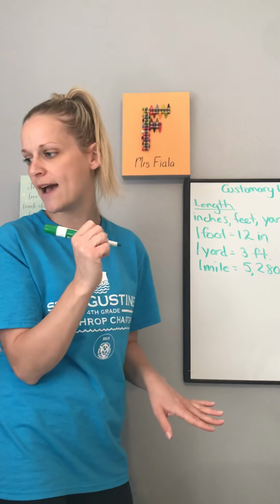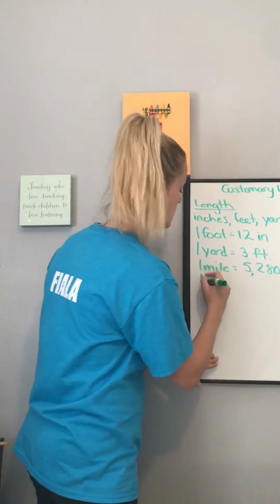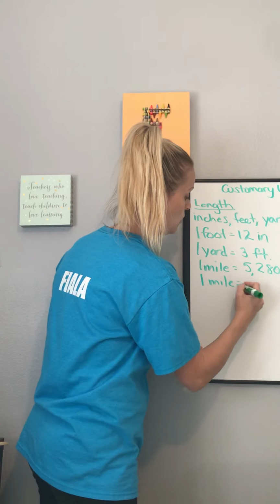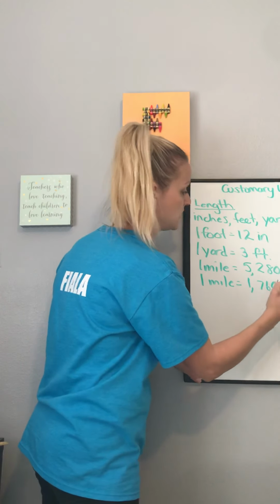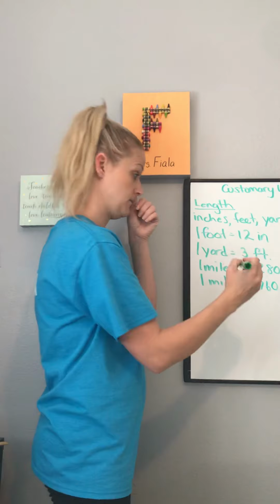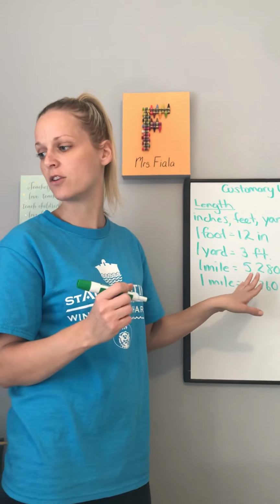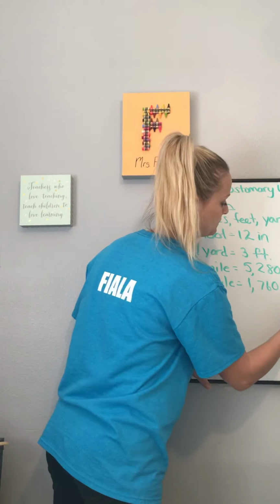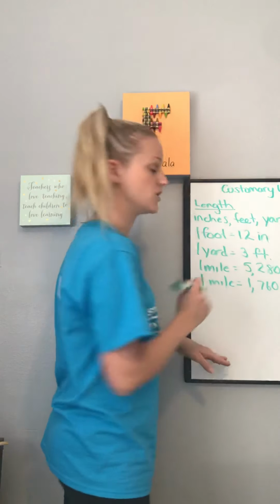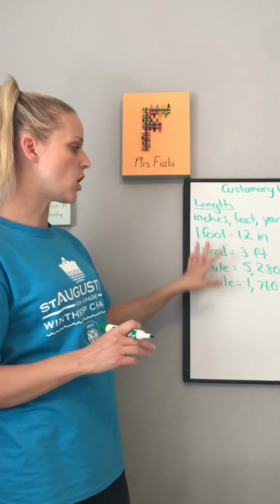And we know that 1 mile is also equal to 1,760 inches. Oh, I'm sorry, not inches. 1 mile is equal to 1,760 yards. I was looking at inches up here. So this is the information that's all given to you.